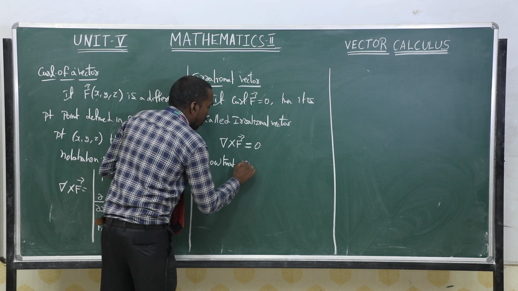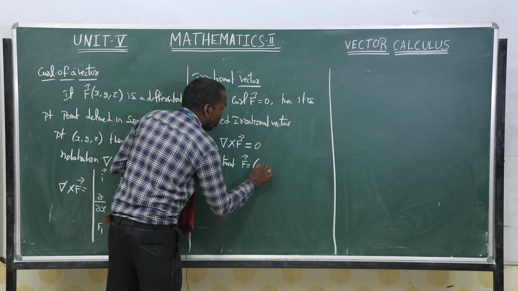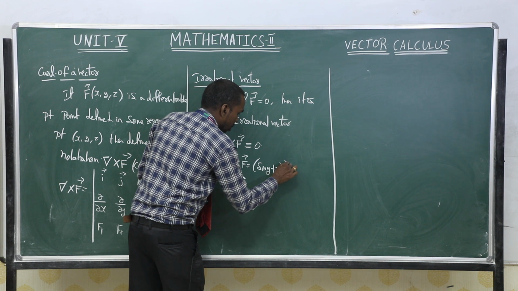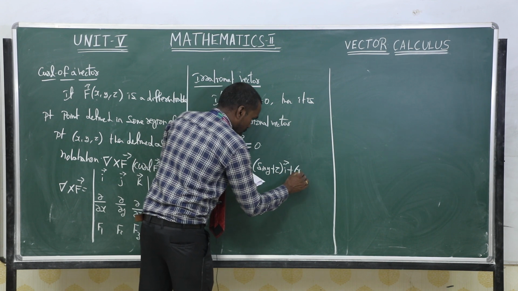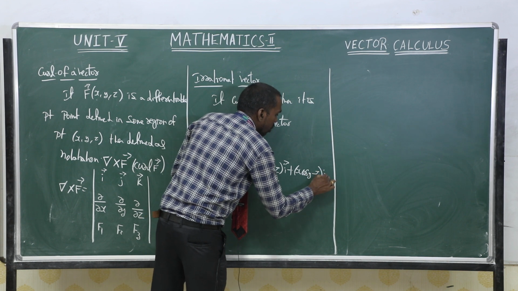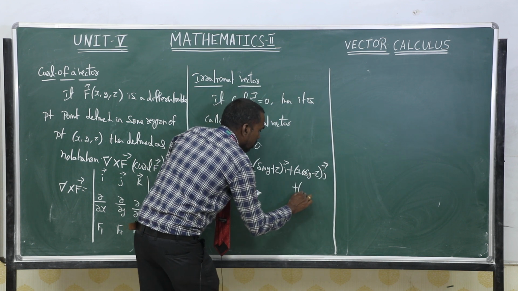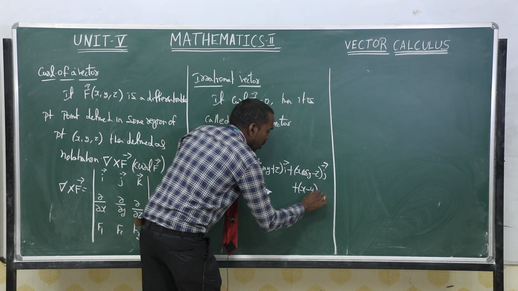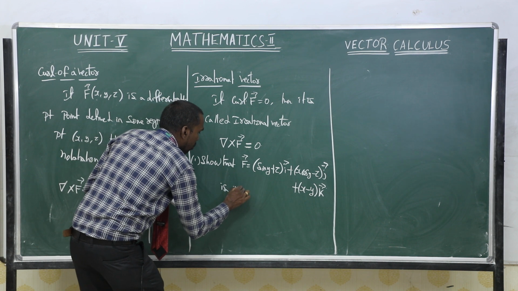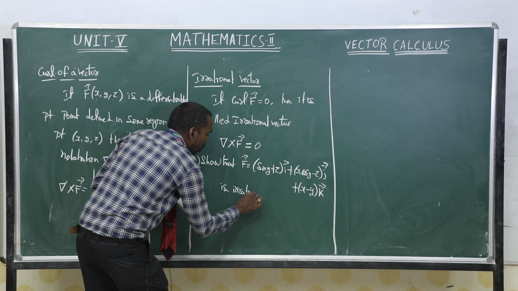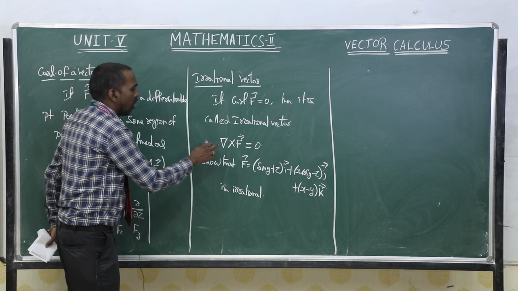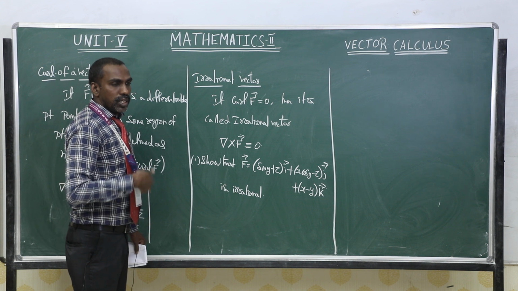We have to prove that F vector equals sin y plus z i vector plus x cos y minus z j vector plus x minus y k vector is irrotational. What is the definition of irrotational? We have to find that del cross F vector is 0.